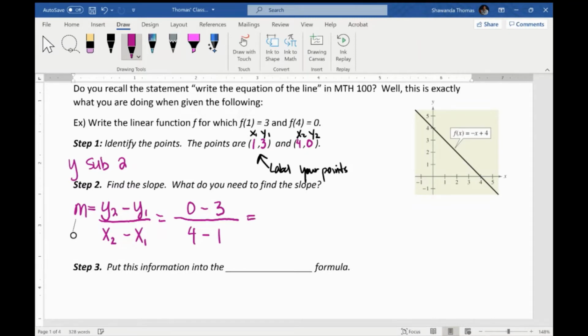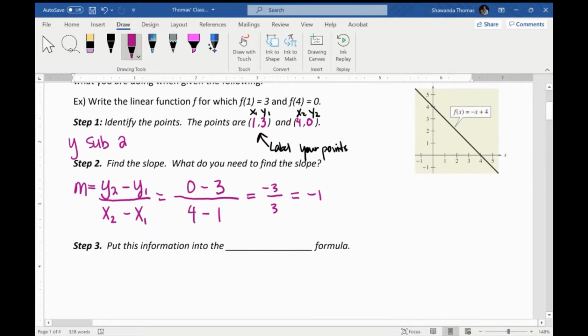Thank you. And 0 minus 3 is negative 3, negative 3 divided by 3, which equals negative 1. All right, this is our slope. That's step 2.